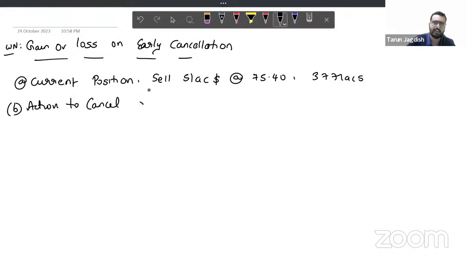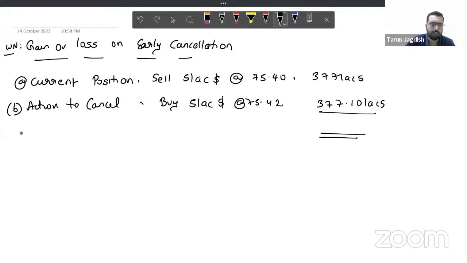Point number B is going to be what? Action to cancel. How are you going to cancel the thing? Buy $5 lakh at what price? 75.42. So you get the answer as 377.10 lakhs. All right. So what is the loss that you make over here? Do you make a loss of 10,000 rupees, friends?